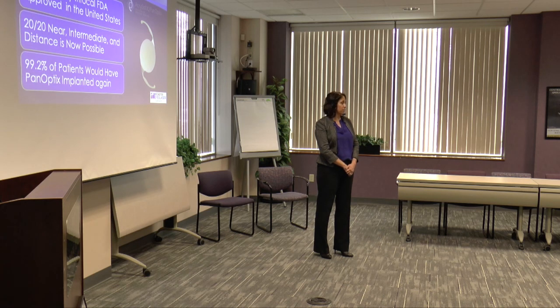Do these lenses change shape, or how do they change the focal point? Well, they change the focal point in the same way any other lens system changes it. We get our measurements at the workup, and then we choose a lens based on the size of your eye, the length of your eye, and the corneal curvature.